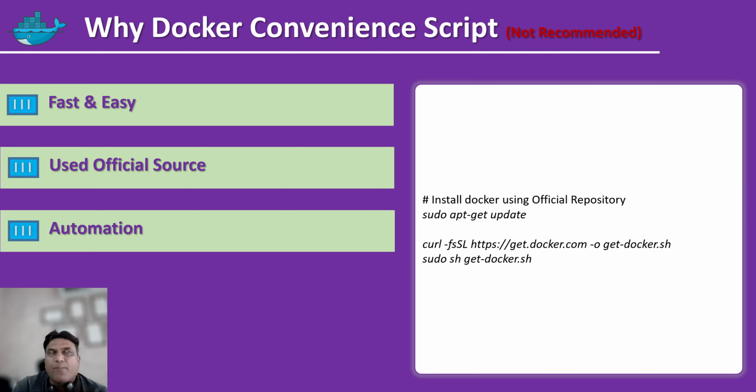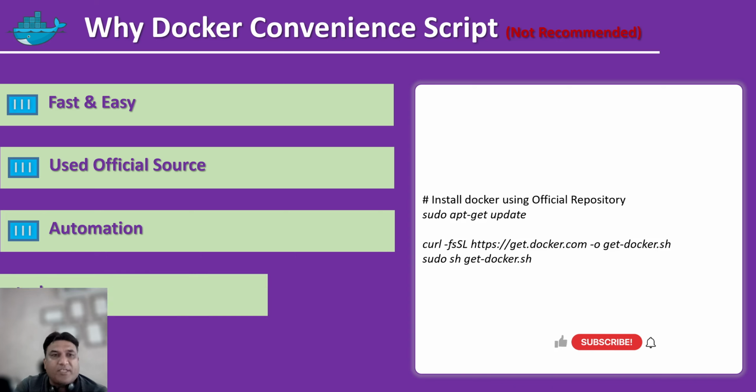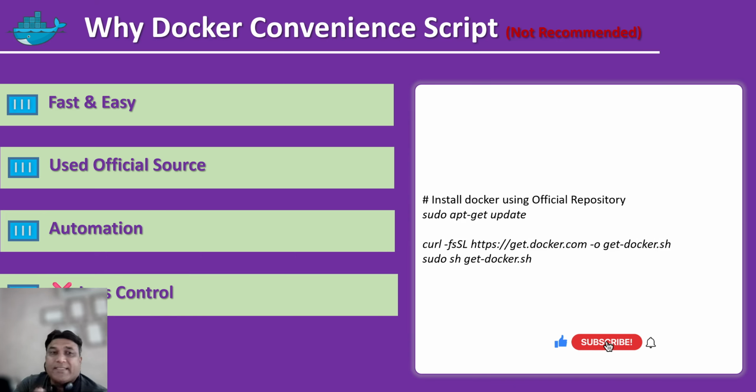If you are planning to automate the installation, it will be great. Although all the types are suitable for automation, this one is especially good because it has just two steps, so it will be very easy to automate. What is not good is less control.